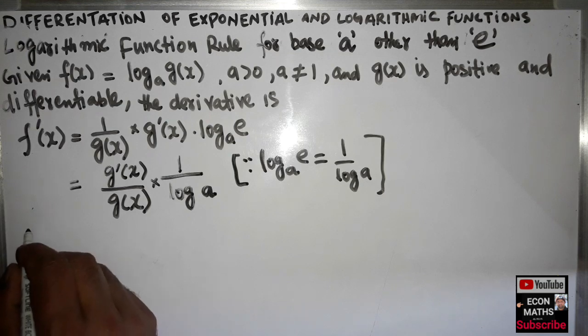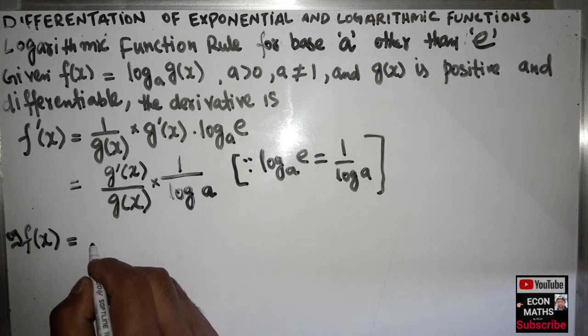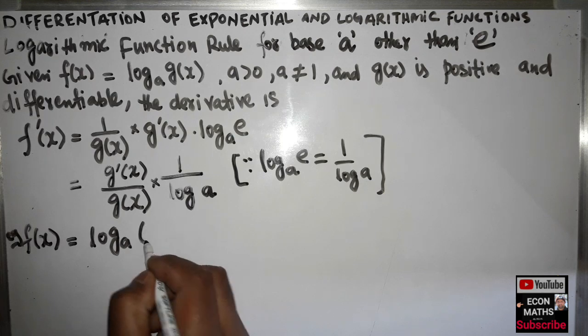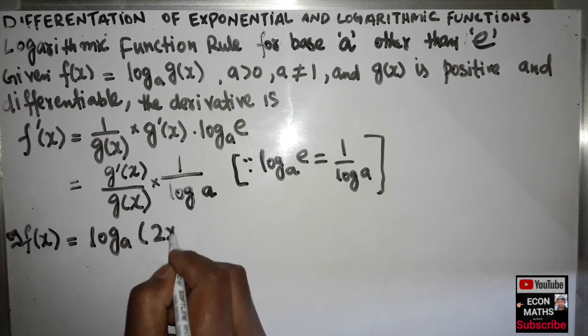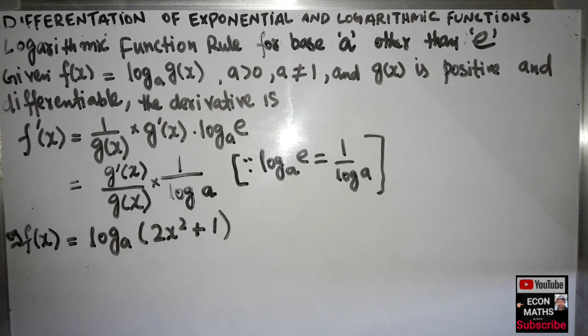Now let us say f of x is equal to log of 2x square plus 1 with base a. So this is our example. First of all, we will write g of x as the argument.